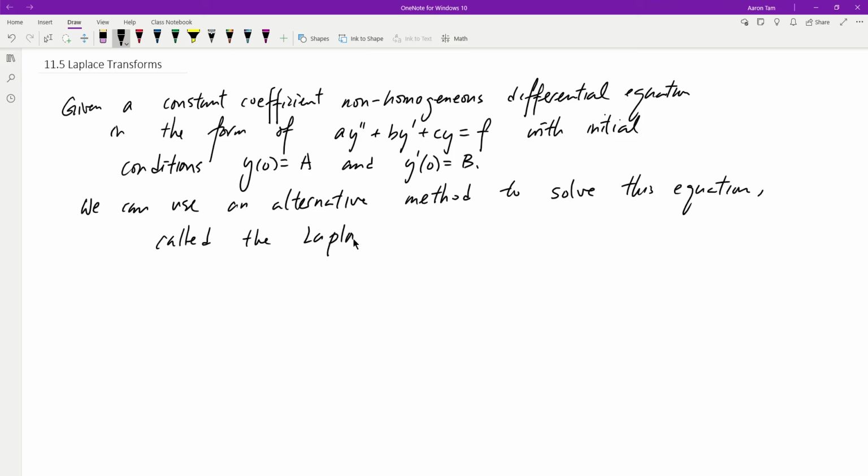One of the nice things about Laplace transform is the following. The main goal of this method is to somehow reduce solving this equation into just an algebraic process.